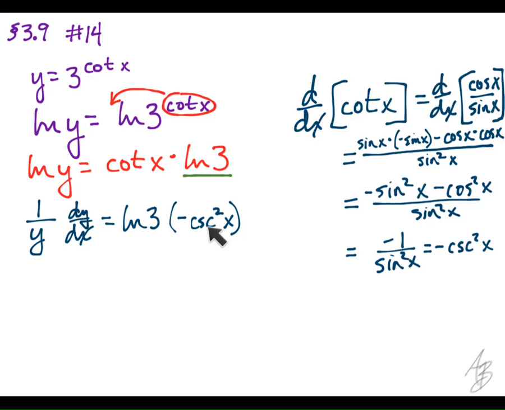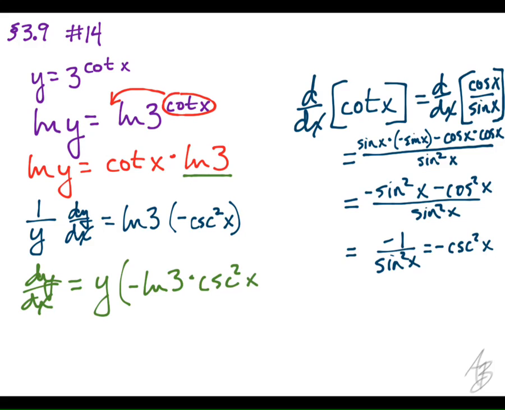All right, so we've got this. What do we do now to get dy dx by itself? Multiply by y, so we get y times negative natural log of 3 times cosecant squared of x. And we need to do one more thing.